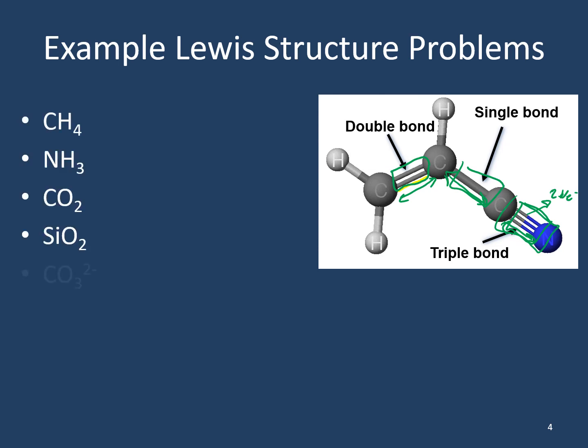So if we do some example problems here, the first thing we need to do is calculate how many valence electrons. I know carbon has 4 valence electrons and hydrogen has 1 valence electron. I have 4 hydrogens. Does that make sense?